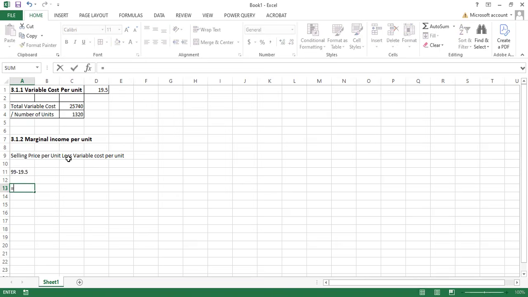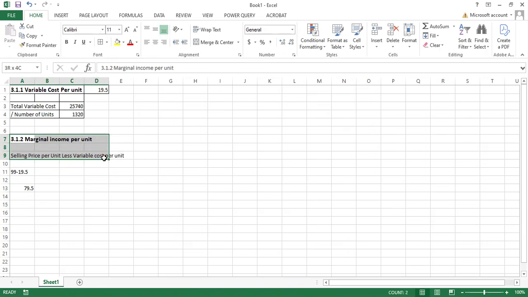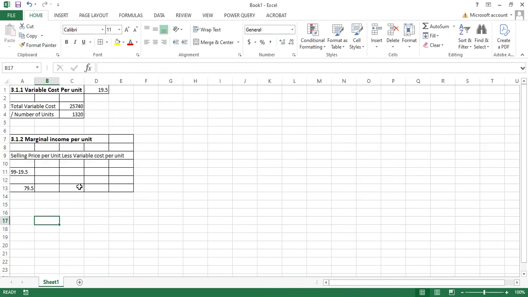So we are going to say is equal to 99 less 19.5. This is your final amount. You can as well put borders here. It's fine. You can put borders.